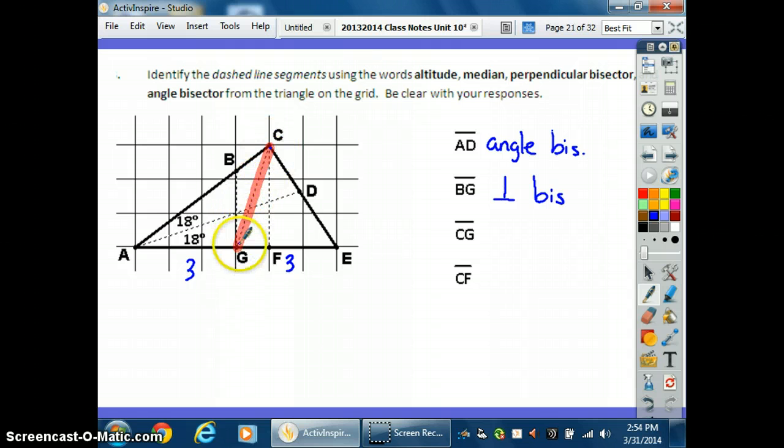What do we call that pink line? Done with that one. And we're done with the angle bisector. That's not an altitude. That's what we call a median. Goes from the vertex up here to the midpoint. Then CF must be the altitude.